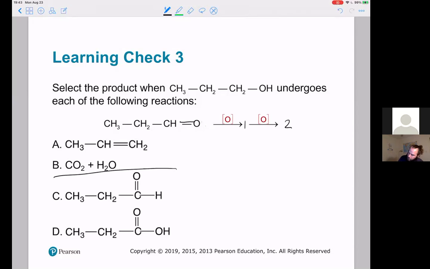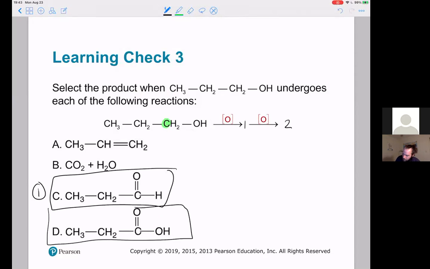So in this case, the aldehyde in C would be the product of step 1. Then when we go all the way to step 2, now we're creating yet another carbon-oxygen bond on this carbon, but we do that by introducing another OH group. So this would be the product of the second oxidation step.